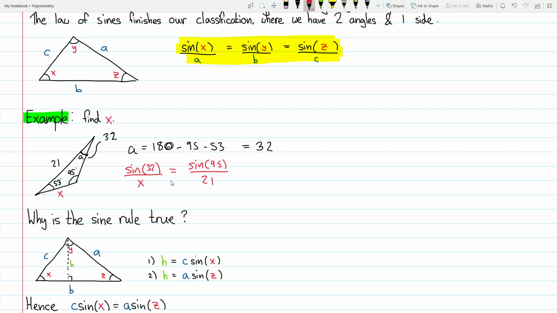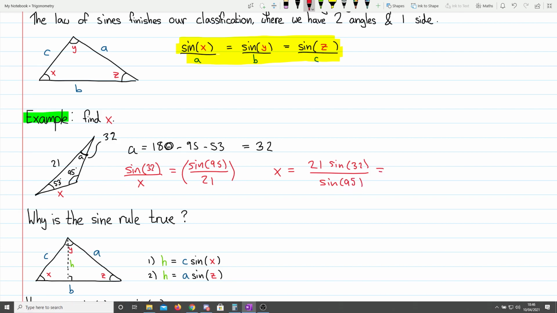We can multiply both sides by x, and divide through by this. And if you're up on your algebra, you'll notice that this will be 21 sine of 32 divided by sine of 95.